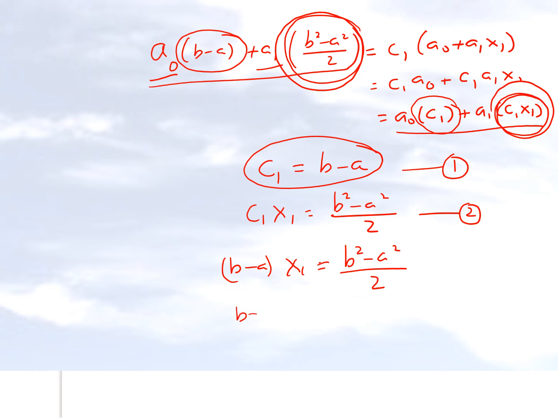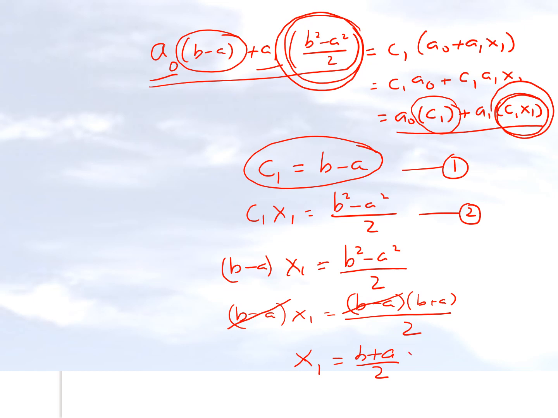I write b minus a times x1 equal to b minus a times b plus a divided by 2. I apply the formula for b squared minus a squared, factor it out, and b minus a cancels, so I get x1 is equal to b plus a divided by 2. So I obtained where the function should be calculated and what weight it should be given so that I get an approximate value of the integral by the one-point Gaussian-Quadrature rule.